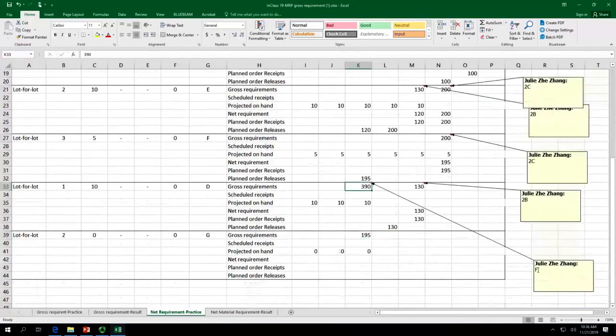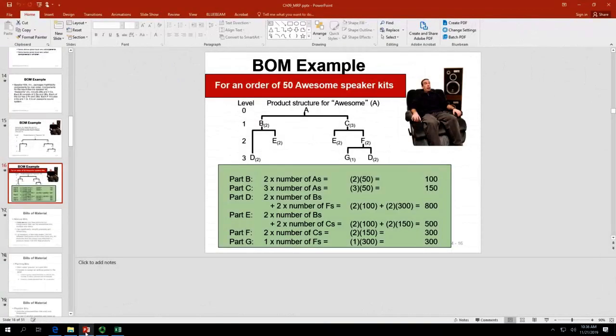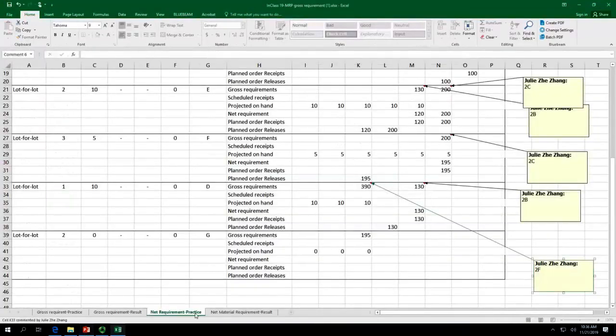And another one, for each F needs 2, I think each F needs 2 Ds.